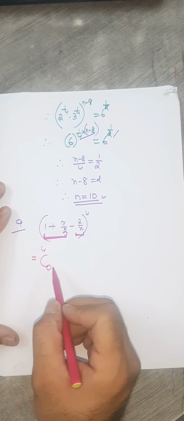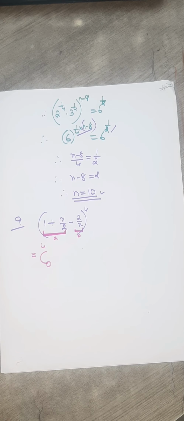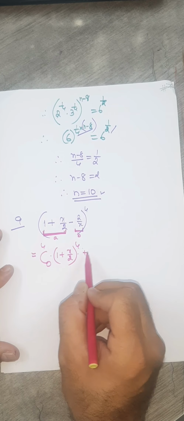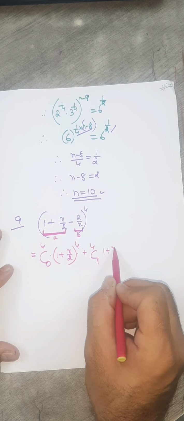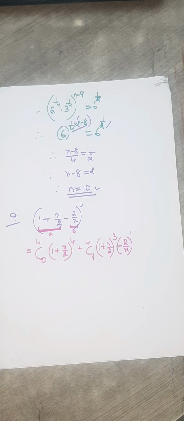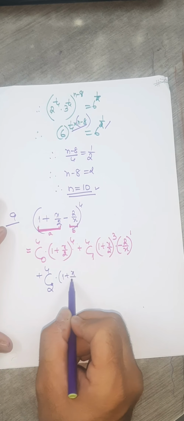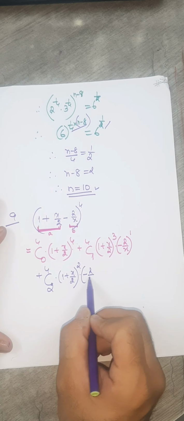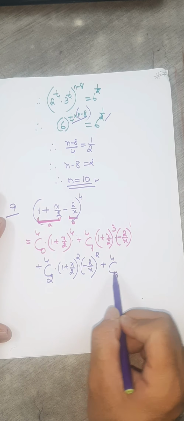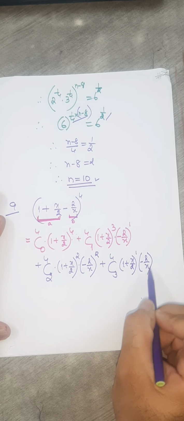So 4C0, this is a, remember, this is b. The first term will be a raised to n, so (1 plus x by 2) the whole raised to 4, plus 4C1, this is a, so (1 plus x by 2) the whole cube into (minus 2 by x) the whole raised to 1, plus 4C2, (1 plus x by 2) squared, (minus 2 by x) squared, plus 4C3 into (1 plus x by 2), power will decrease, 1 here, (minus 2 by x) the whole cube.